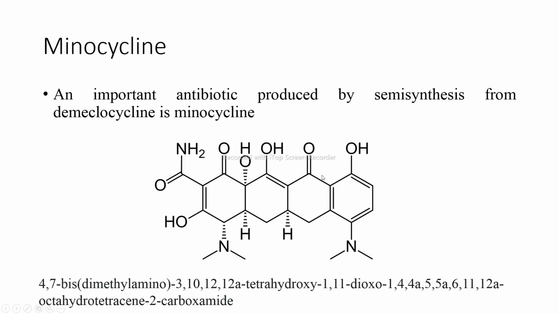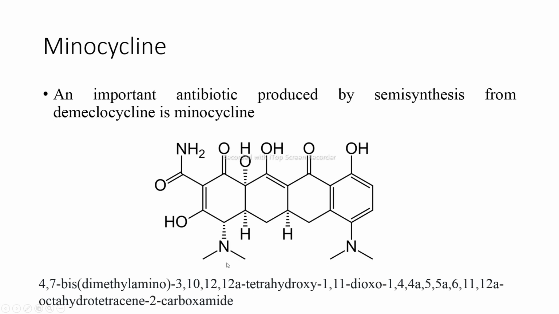Then the next one is the minocycline. Now in minocycline, check out this structure as we have studied in the metabolic part that if there are 2 dimethyl amino groups, then N-dealkylation occurs at both these places. So this is observed in the structure of the minocycline.